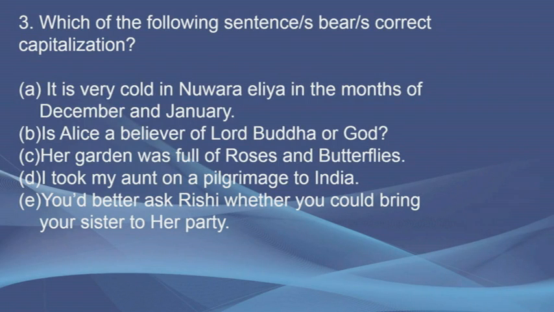Let's go to the last option, E. You'd better ask Rishi whether you could bring your sister to her party. Well, everything looks okay there except for "her party." The H starts with capital, which is wrong. You don't need to use a capital H there.